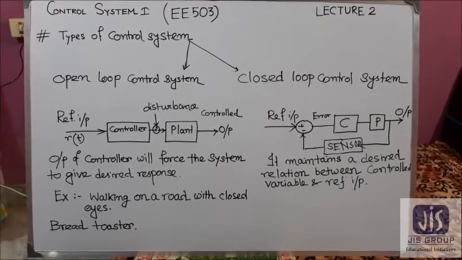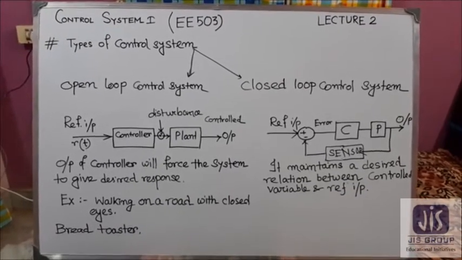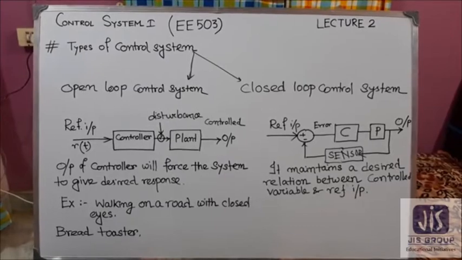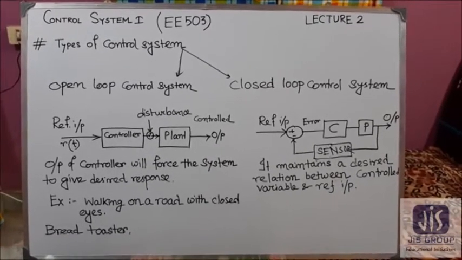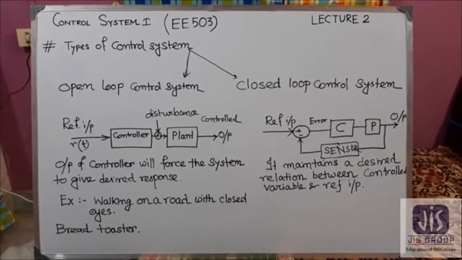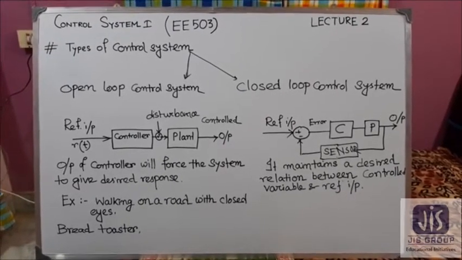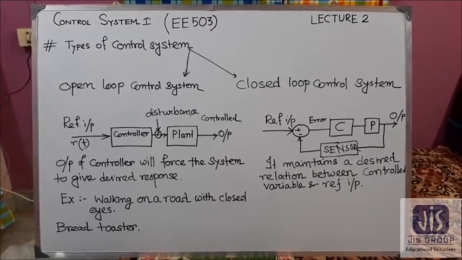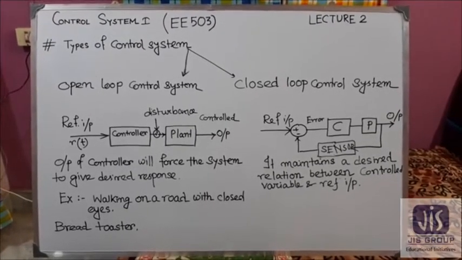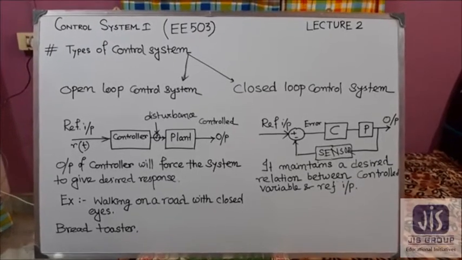Now the controller output minimizes the deviation between the reference input and the control variable. If there is no difference between the desired value and the control variable, the error becomes 0 and the controller does not take any corrective action, and the output of the control system is maintained at the desired response.